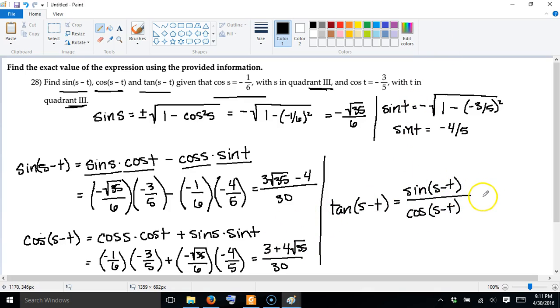Plug those in, and I'm going to kind of create a shortcut. I know that my 30s are going to cancel out here, so we're going to get 3 square root 35 minus 4 over 3 plus 4 square root 35.